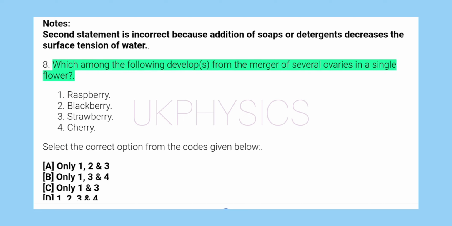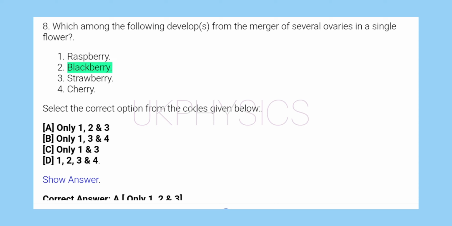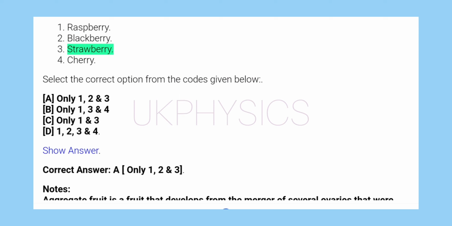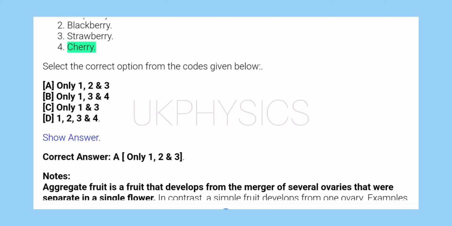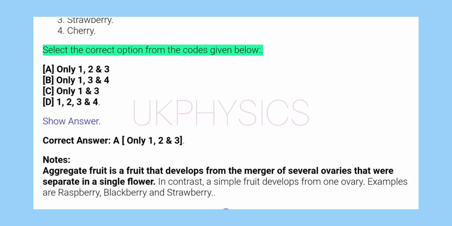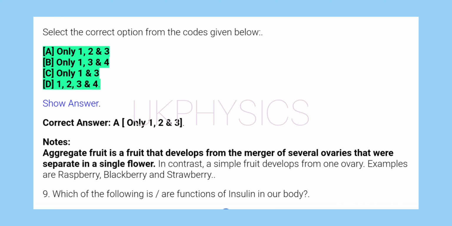Which among the following develops from the merger of several ovaries in a single flower? 1. Raspberry, 2. blackberry, 3. strawberry, 4. cherry. Select the correct option from the codes given below. A. Only 1, 2 and 3, B. Only 1, 3 and 4, C. Only 1 and 3, D. 1, 2, 3 and 4.